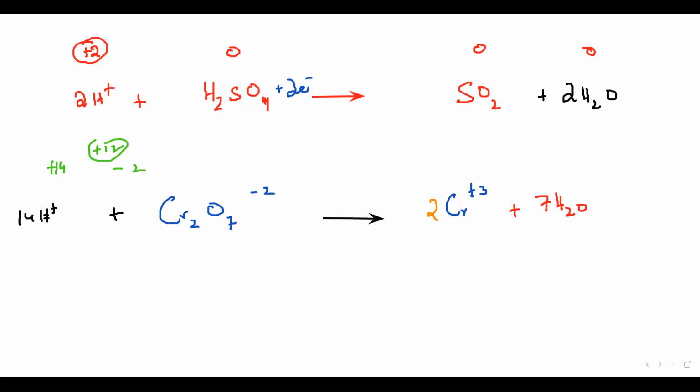When we check 2 multiplied by 3, that is 6, plus 6, and water is 0. So total charge here is plus 6.